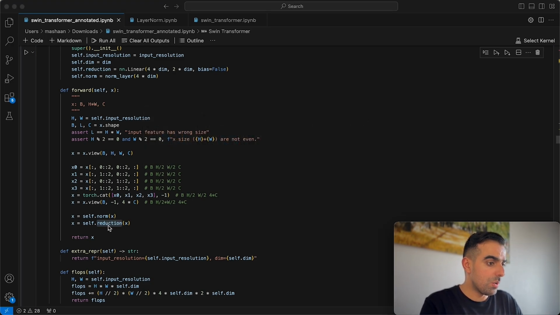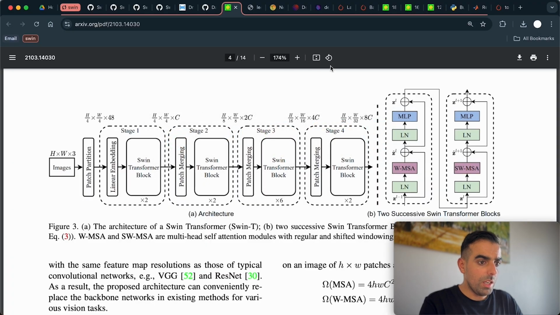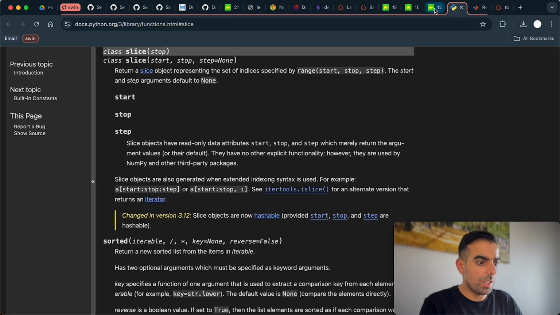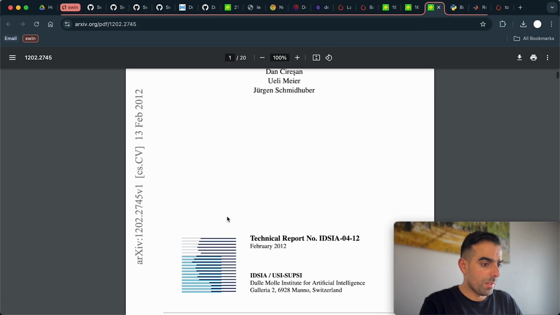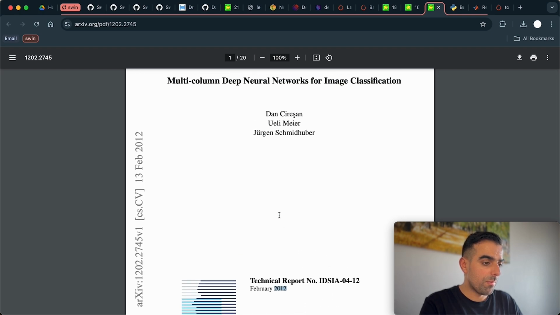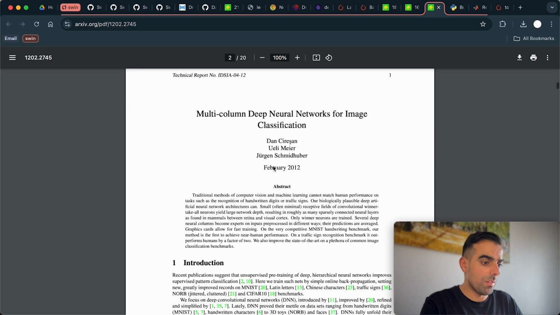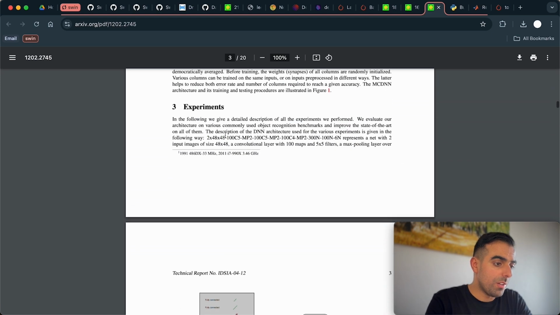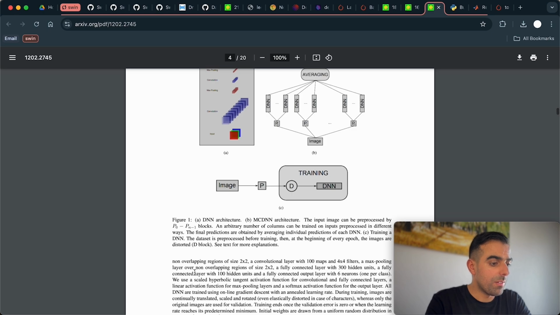So just to have an idea about this, look at this paper from 2012. It's called Multi-Column Deep Neural Network for Image Classification. Here in the experiments, they have a figure.